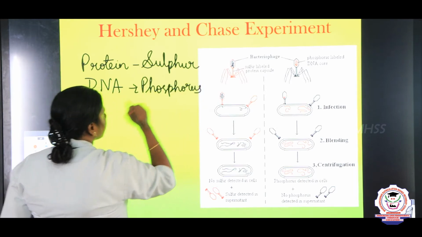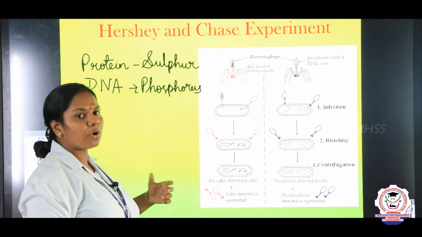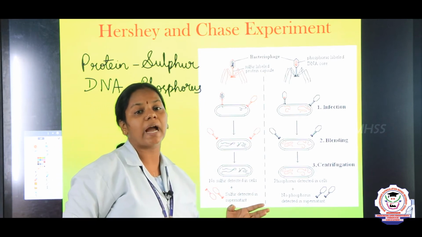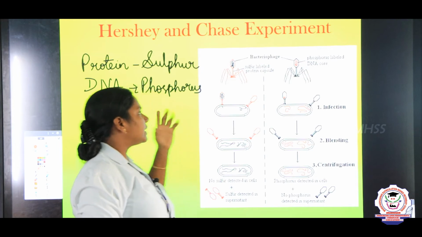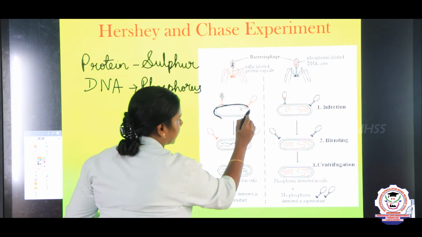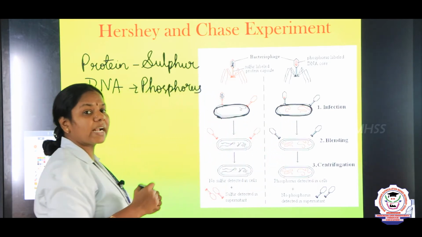So they planned to use the radioisotopes of sulfur and phosphorus to separate DNA and protein. Later on they chose the E. coli bacterium, the Escherichia coli, and they used the culture medium.